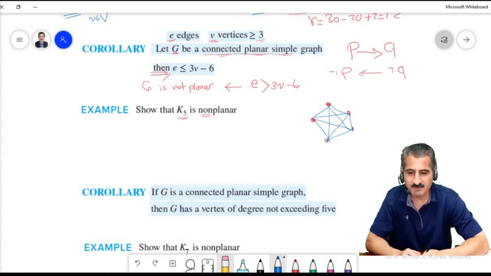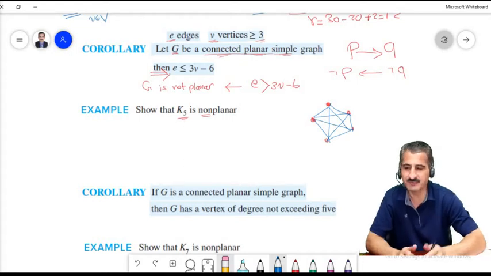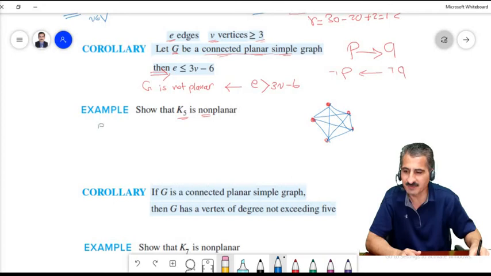Now, is this a planar graph? Shall we play with it? And the corollary says no, don't play with it. Compute the number of edges. So what is the number of edges for K5? Shall we count them? If we do so, we have 1, 2, 3, 4, 5, 6, 7, 8, 9.